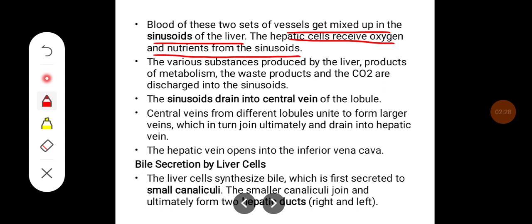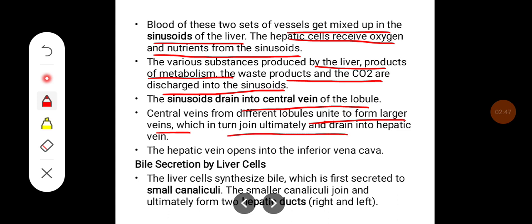The various substances produced by liver, products of metabolism and waste products and carbon dioxide are discharged into the sinusoids. Sinusoids drain into the central vein of the lobule. Central veins from different lobules unite to form larger veins, which in turn join ultimately and drain into hepatic vein. The hepatic vein opens into inferior vena cava.